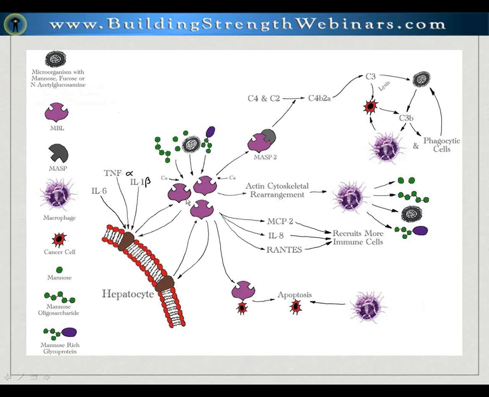And the more you have, they turn on the actin in the cell skeleton. They rearrange it. The high abundance of this enables the macrophages to phagocytize bacteria, glycoproteins, and other mannose much faster. They also recruit other cytokines that bring in other immune cells.